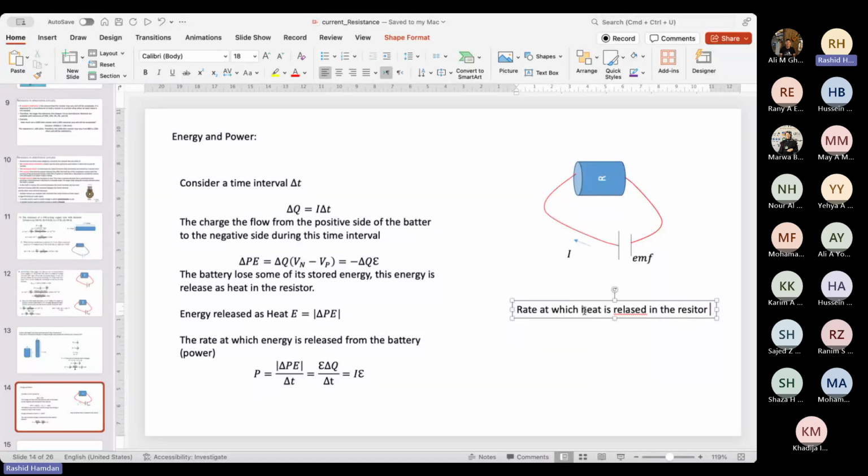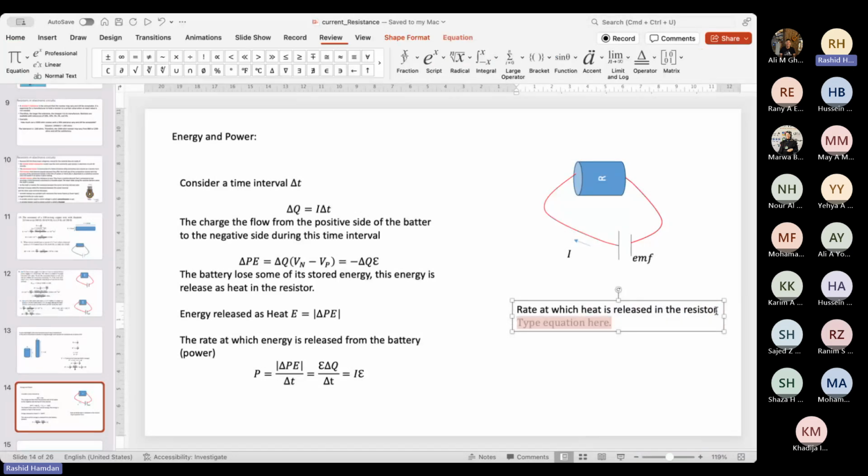Actually it's the same if I only have one resistor connected to the battery, but I want to be general, so I'm not going to use E, I'm going to use delta V. So P is equal to absolute value of delta V times I. From now on, when we're using delta V, we're talking about absolute value.